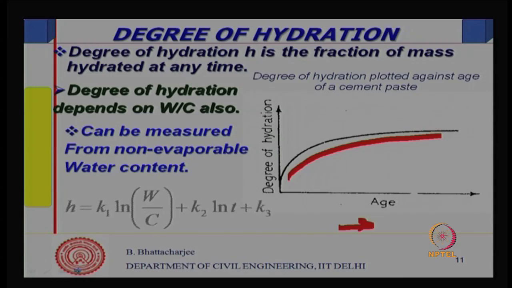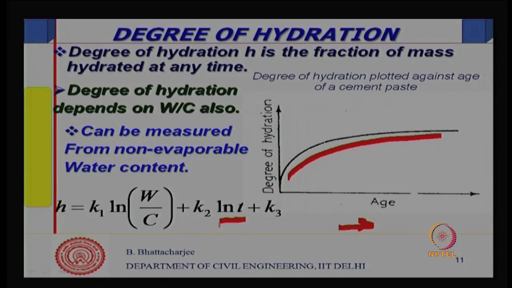Evaporable water will go away at 110 degrees centigrade, but if you heat up further, you can find the non evaporable water content, and from that measurement one can find the degree of hydration, and relate it to the water cement ratio and age.